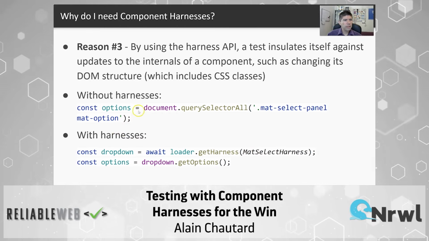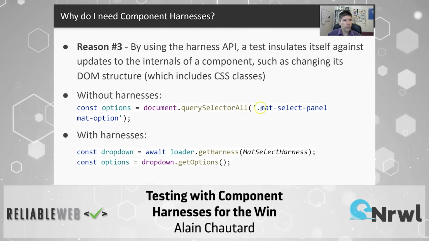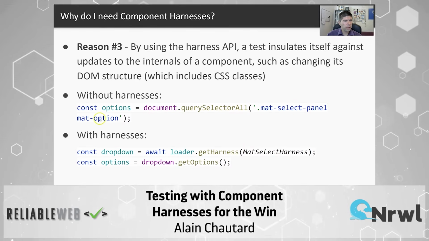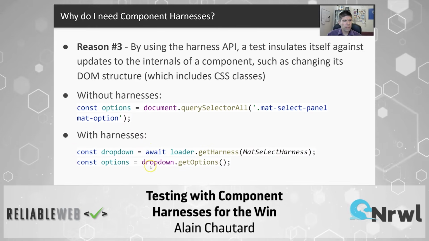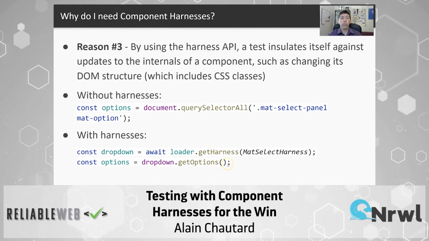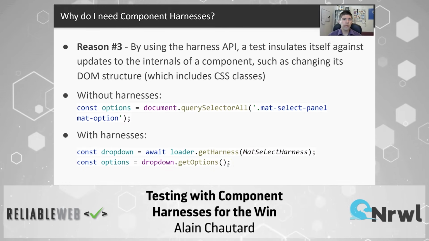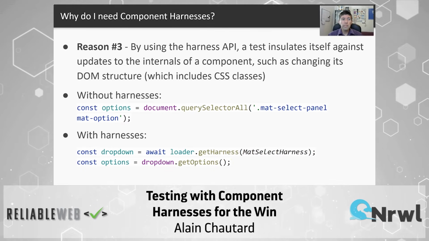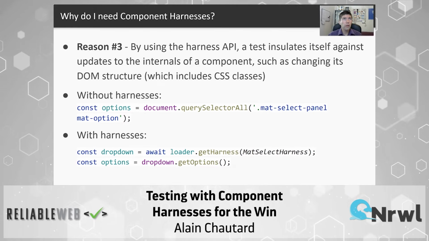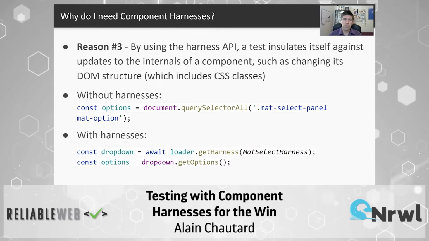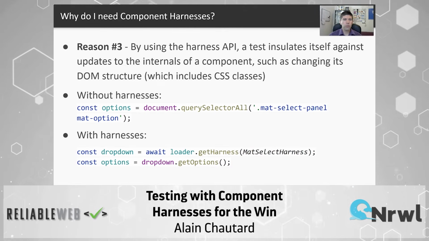Without a harness, you have things such as document.querySelectorAll and then a complex selector, whereas with a harness, we just select the harness and get all of the options out of it. So we don't know what the DOM looks like behind it, we just know that we have a dropdown, and that dropdown has options. How it is made, what the DOM behind it looks like, doesn't really matter. We just want to click the dropdown and select an option, and we don't want to have to worry about these CSS classes.